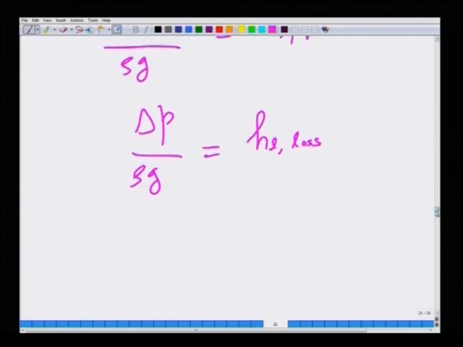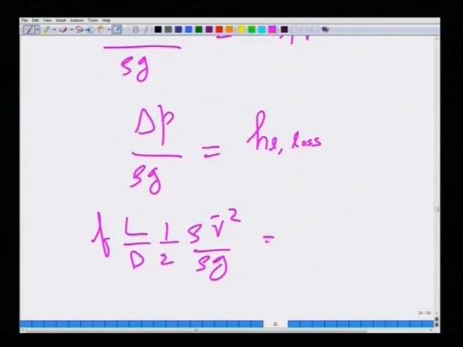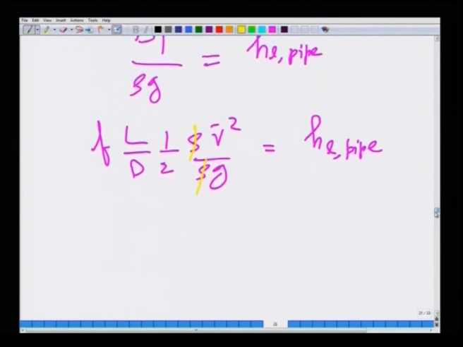Now, I want to write delta P in terms of the friction factor. So, I will write this as f times L by D times half rho V squared, by rho g, after using the definition of friction factor, is the head loss in the pipe. Now, I can strike off this factor of rho to give the head loss in the pipe in terms of the friction factor.